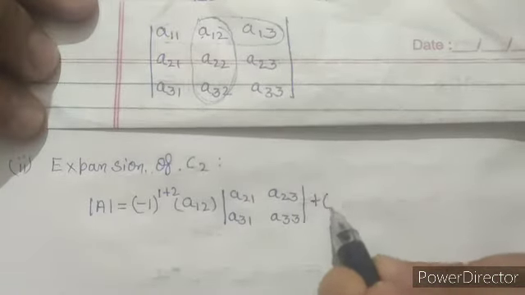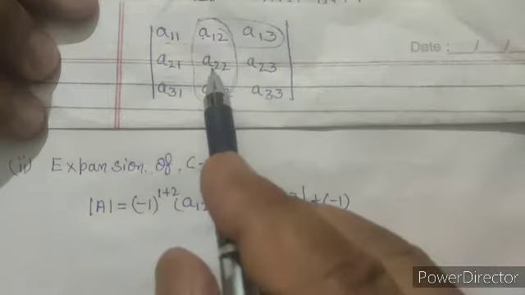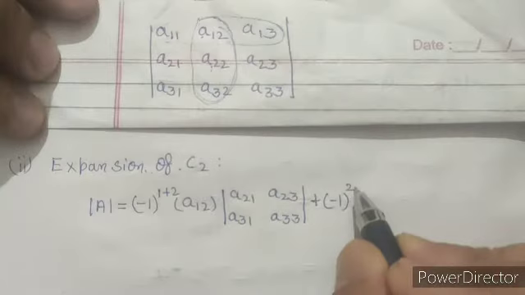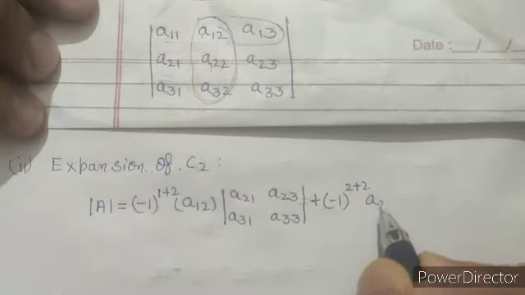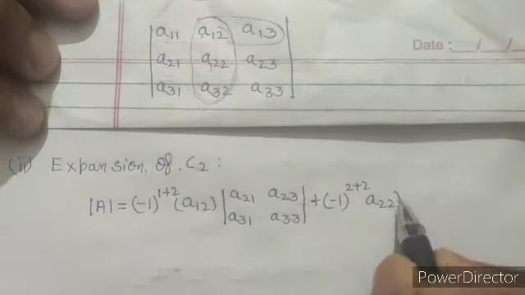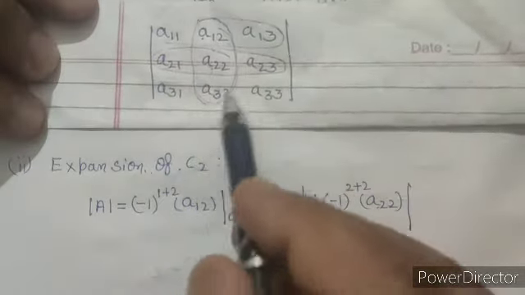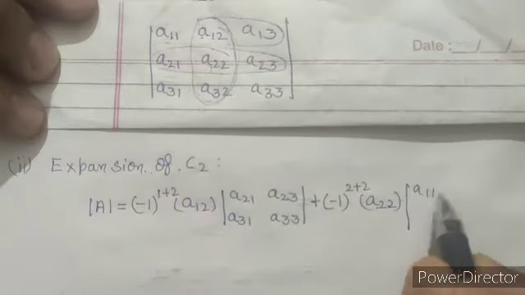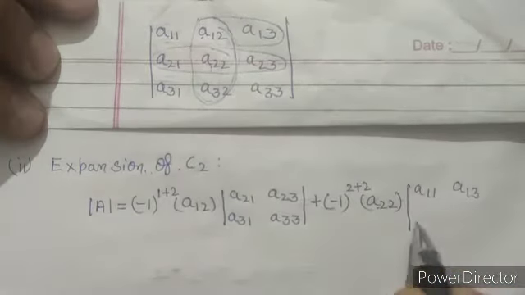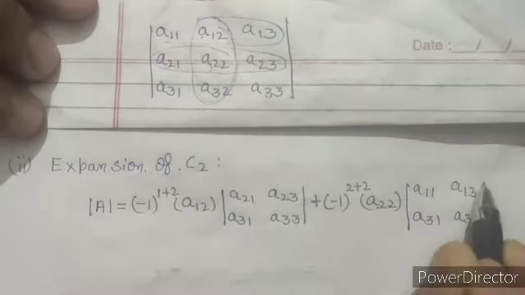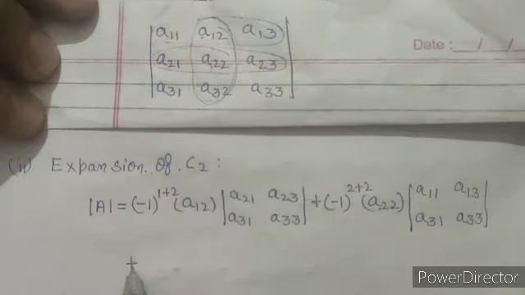Now plus again -1 raised. Now we have to take the second element of column 2, that is A22. So 2 plus 2 into A22 into determinant of. Now A22, so we will eliminate the row and column of A22, and that will give us A11, A13, A31, A33. Now plus minus.